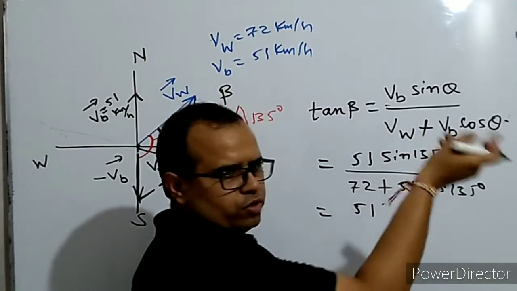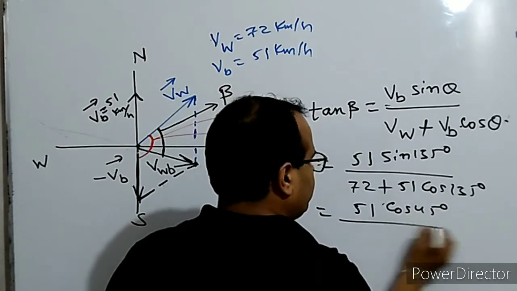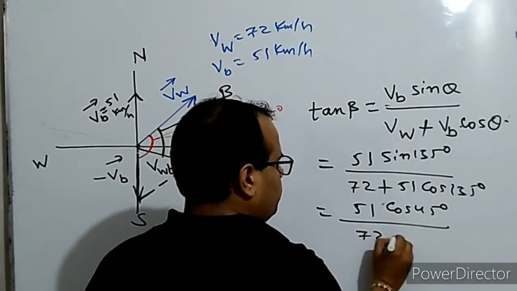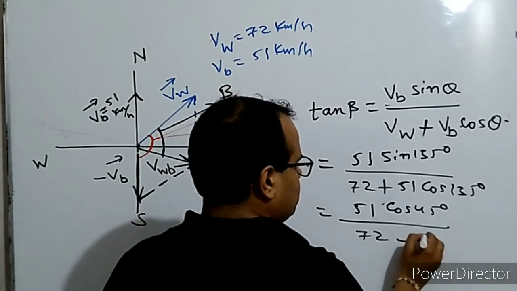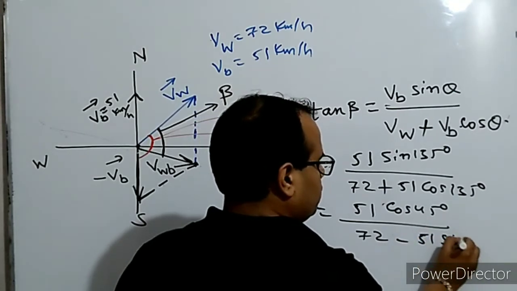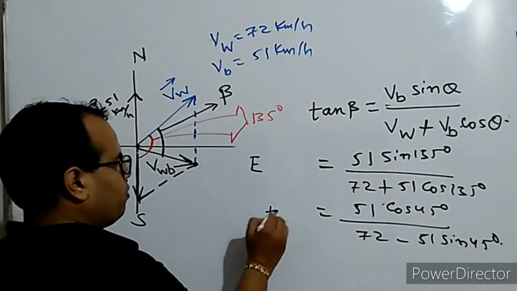Sin(90 + 45) is cos 45. So it is cos 45 divided by 72 plus 50, cos 135 was minus sin 45 degree. Okay, and this is tan beta.